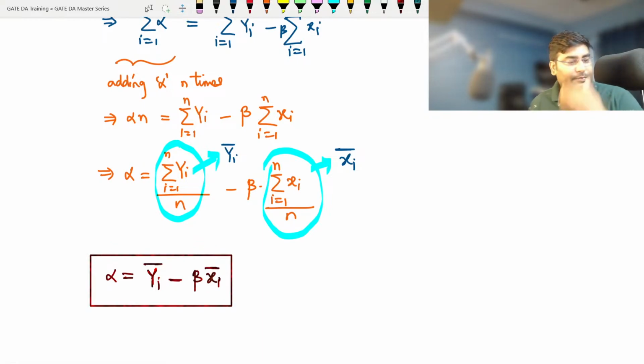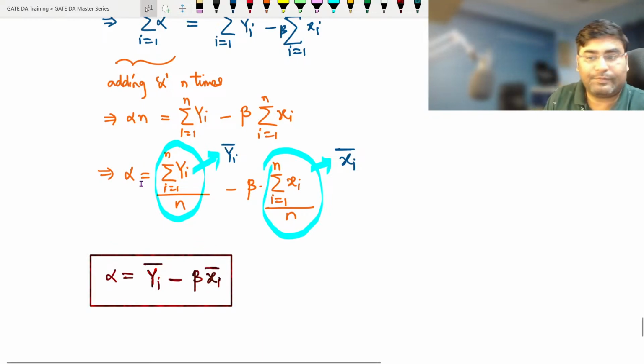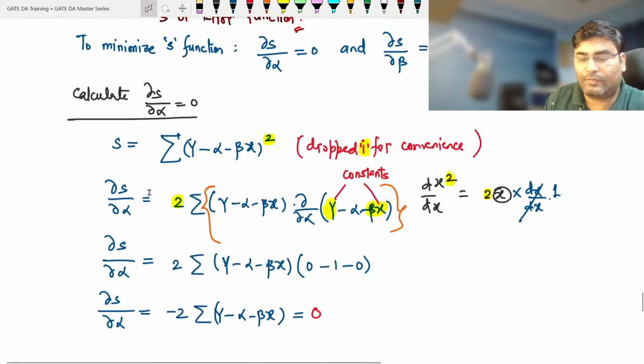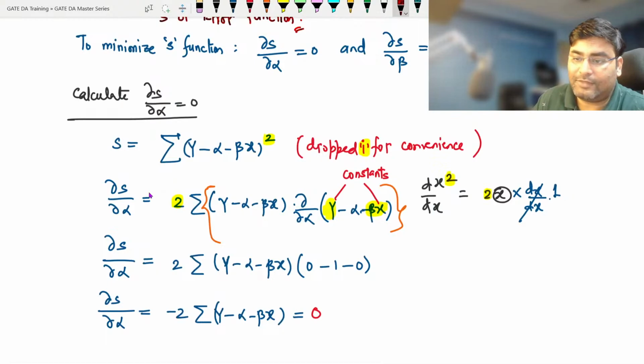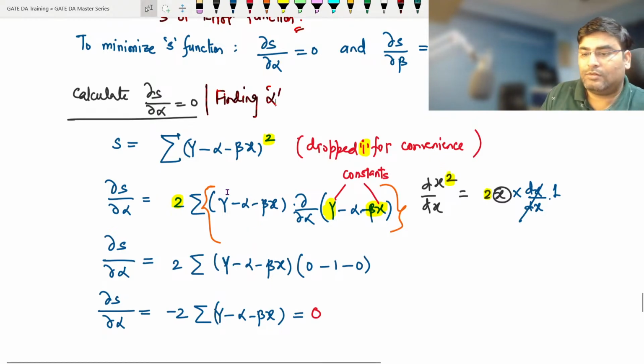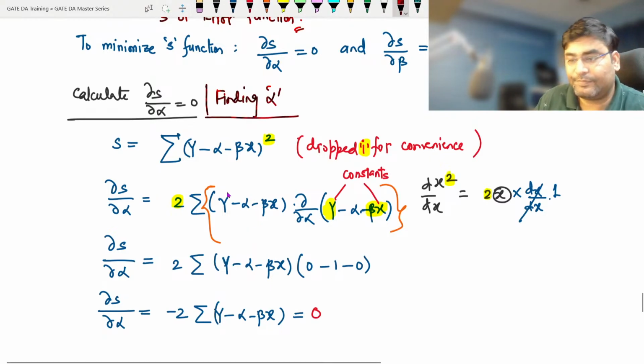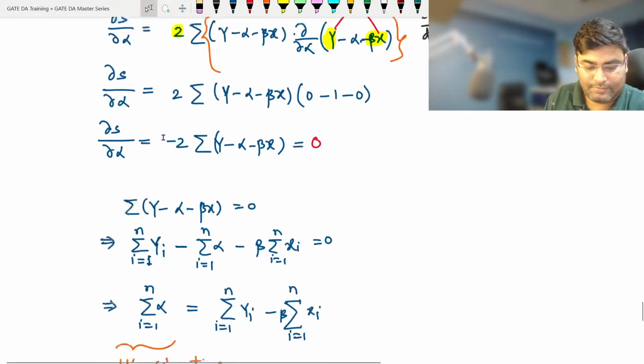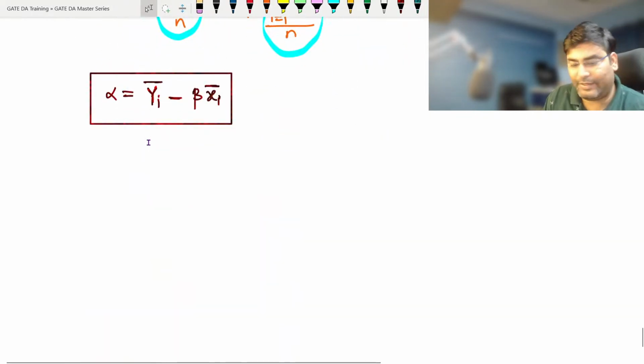I'll take a pause here. And this is after calculating dS by d alpha, which helps you to find alpha. Good. Clear? Perfect. We are almost there.